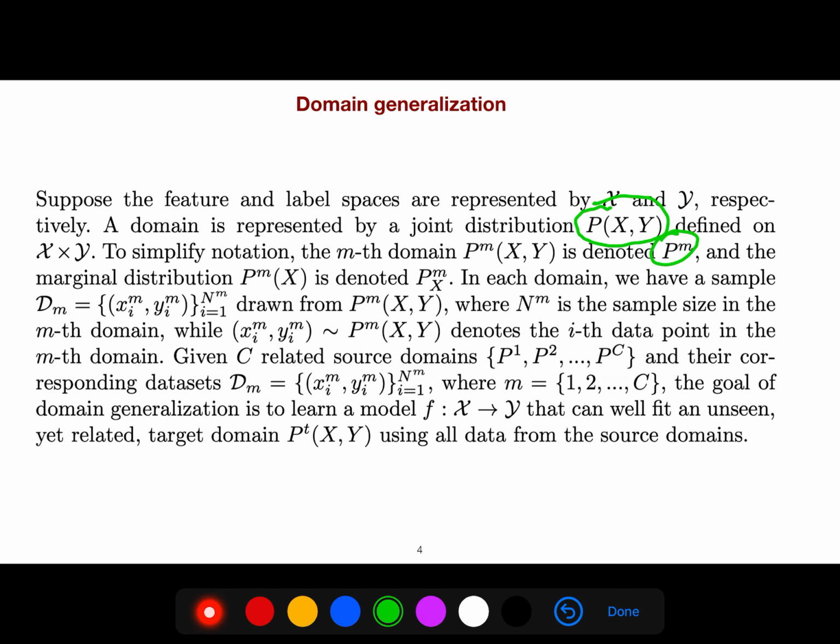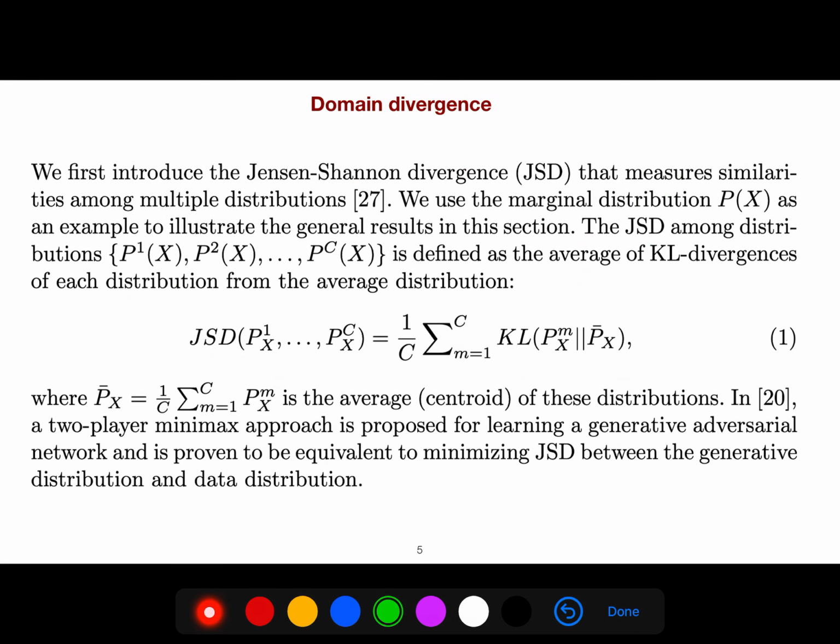So in each domain, we have a sample set which is drawn from P sub M, and we have a number of samples for each domain. So we first introduce the Jensen-Shannon divergence. It measures similarity among multiple distributions.